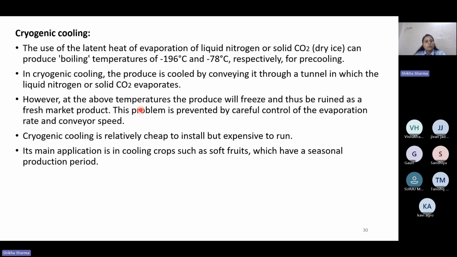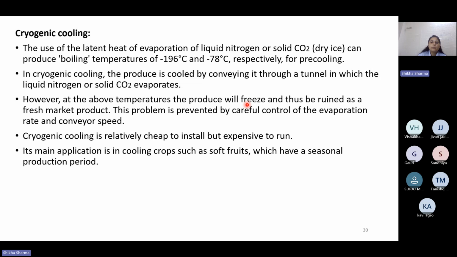However, at the above temperatures, the product will freeze and thus be ruined as a fresh market produce. This problem is prevented by careful control of evaporation rate and conveyor speed. Since the product can freeze, the texture and overall quality of the product can deteriorate.